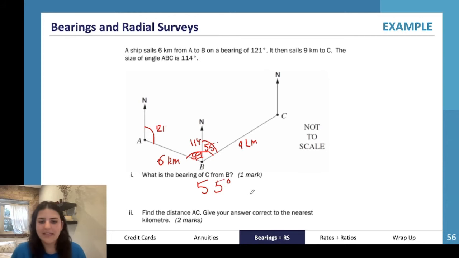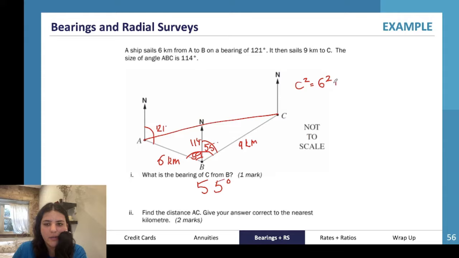Find the distance AC, so we're looking for this line. We can do our cosine rule here, so c squared is equal to a squared plus b squared minus 2 times a times b times cos C, which is 114.